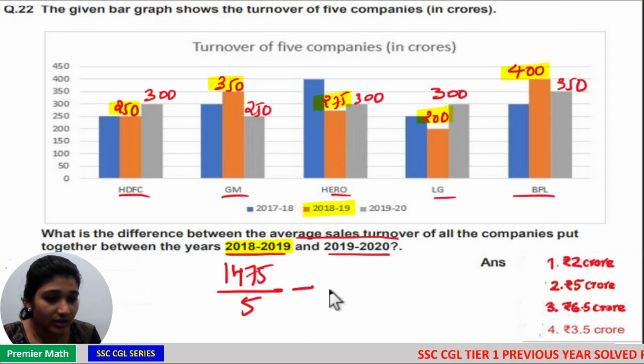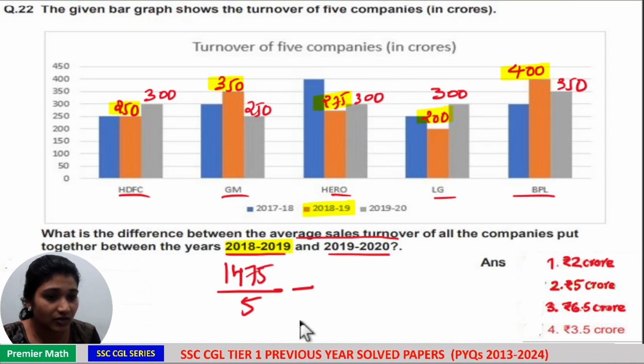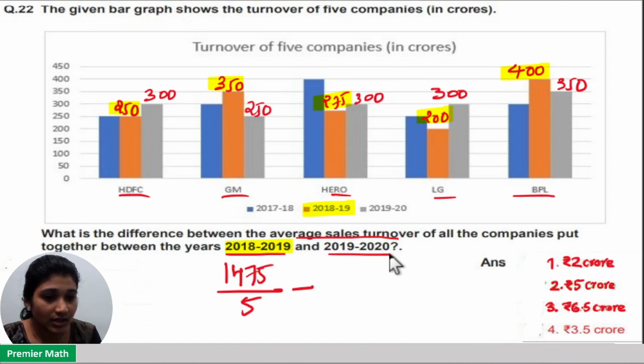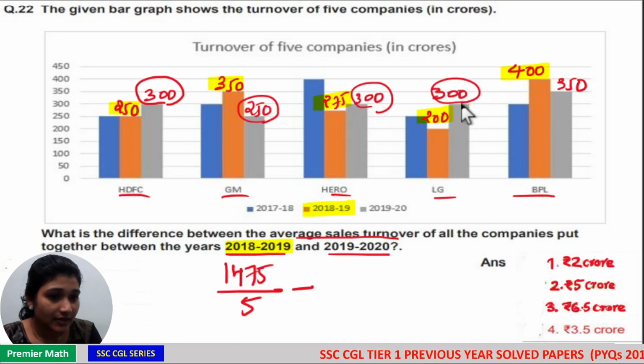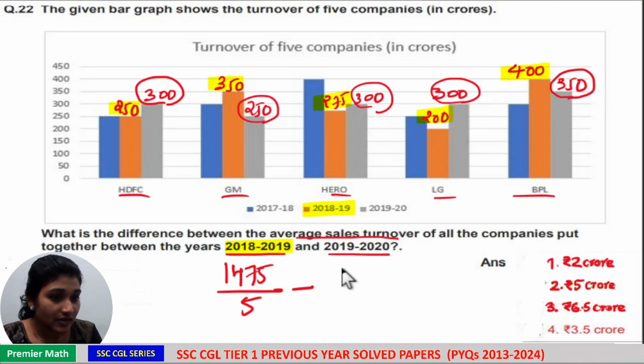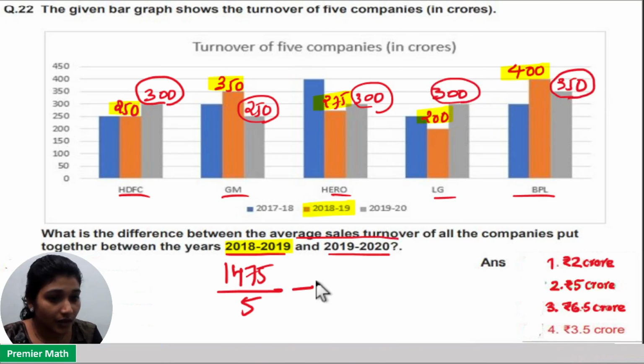Now we have to take the difference between the average of 2018 to 19 and 2019 to 20. Now 2019 to 20 average means take the sum first. 300 plus 250, 550, 550 plus 300, 850, 850 plus 300, 1150, 1150 plus 300 is equal to 1500.